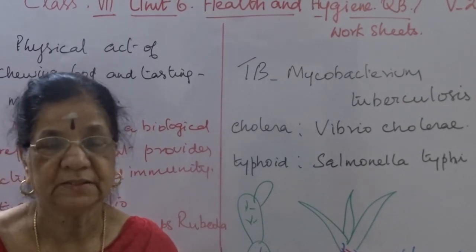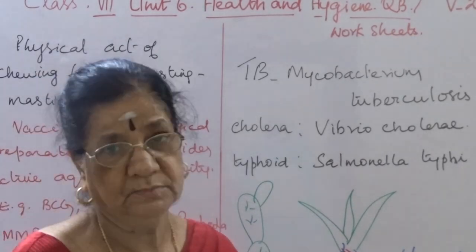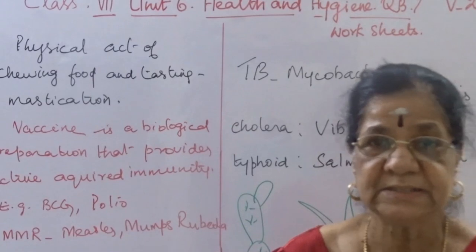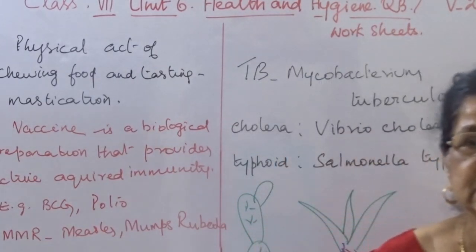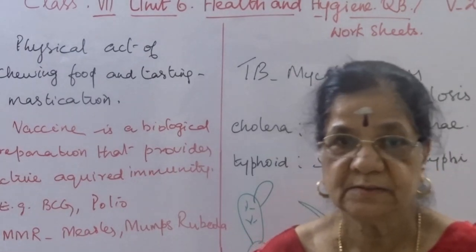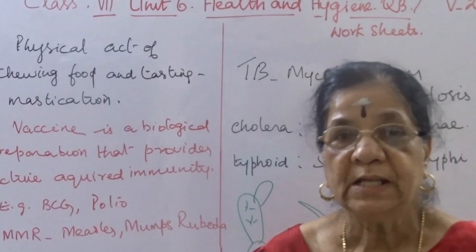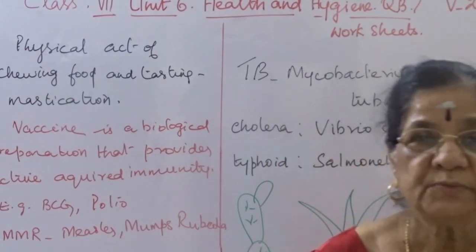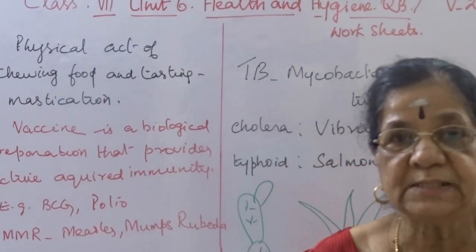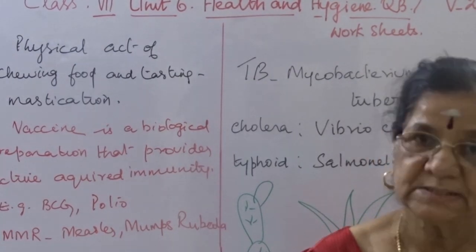I hope you understand. Correct? So, shall we continue in the next video session? Please go through the QB and worksheet up to 10. Then we will continue. Next, we will have the lesson on root modifications of plant: root, stem and leaf. That lesson we will discuss.